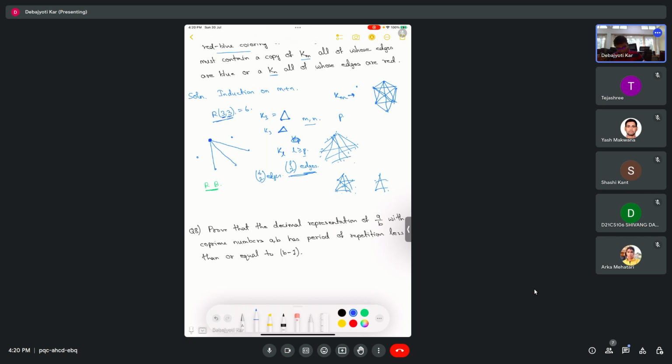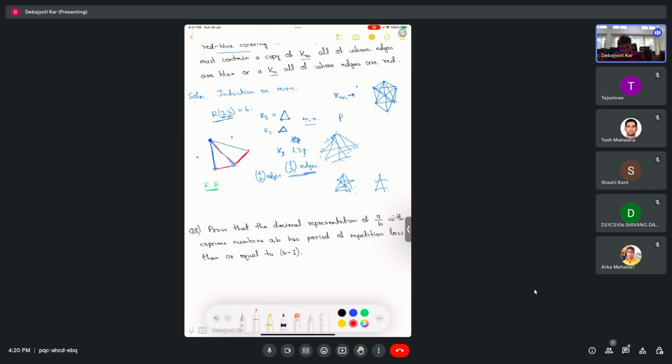Now consider this edge. If this edge had blue color, then we are done. Then we have already obtained a blue triangle. We have already obtained 3 edges, a K3, such that all of its edges are blue. In this case we are done. So suppose it is not the case, then this edge must have been colored red. Similarly, this edge must also be colored red, otherwise you would have got a blue triangle in this case.